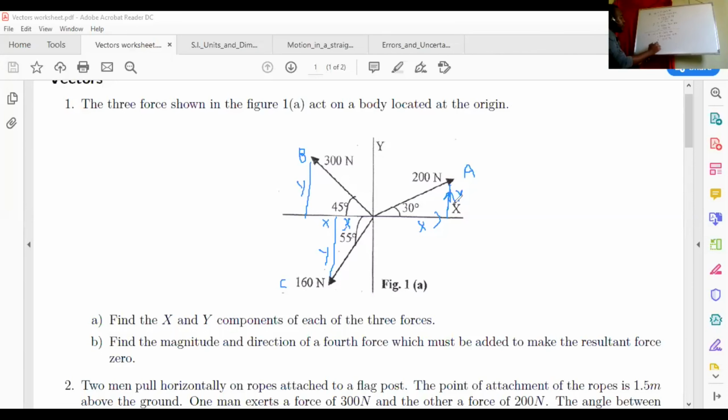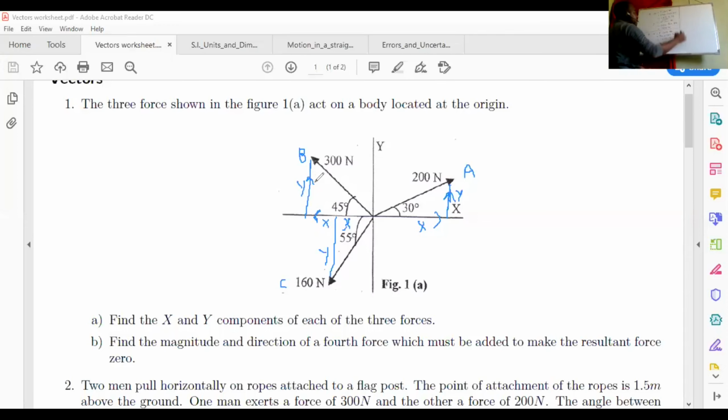And your y component would be F sine theta, which is 300 sine 45, which is 212. What would be the sign for your x and y components for B? Y is positive, x is negative. X is going to the left, so that's negative. Y is going up, so that's positive. We put a negative there to show the direction of x.